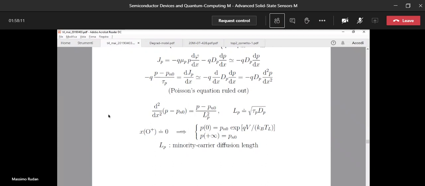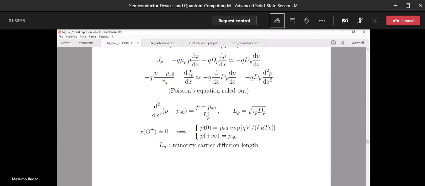At this point, we observe that the neutral region of the n-type goes from O plus to plus infinity. At this point, we decide for this specific calculation to place the origin of the reference in O plus. So we say x over O plus is the new zero.